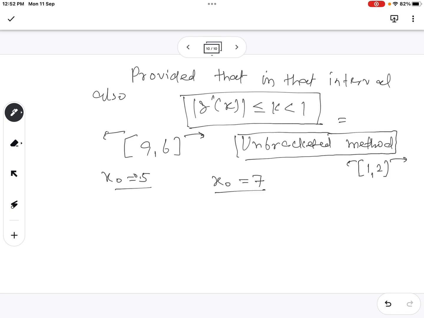But in both cases the successive approximations converge to the root. Why? Because in this interval also this particular condition was satisfied. So as long as this condition is satisfied in that interval, we can start with any initial approximation. This is an important thing to note over here.